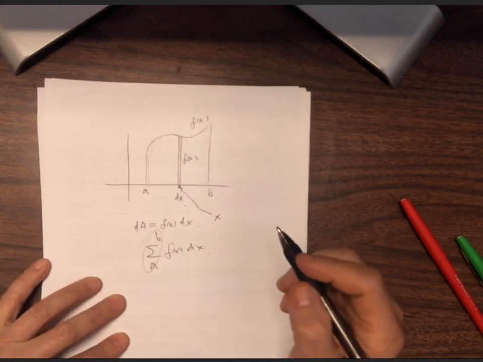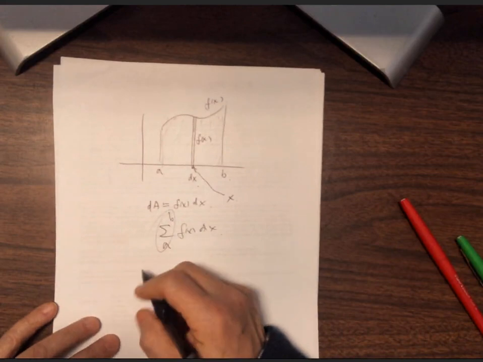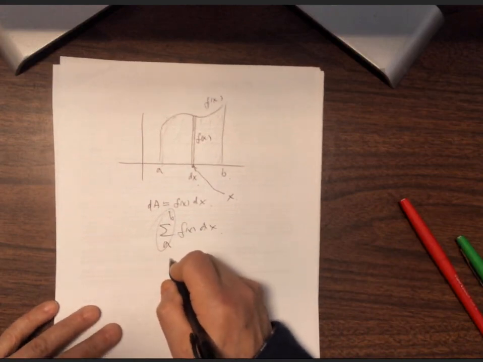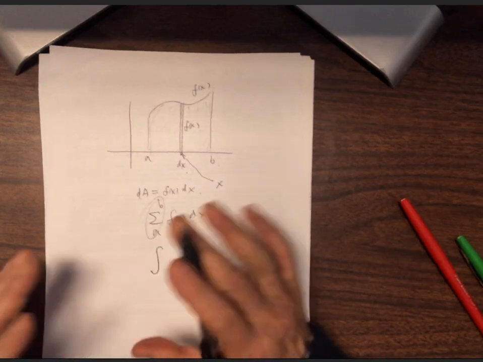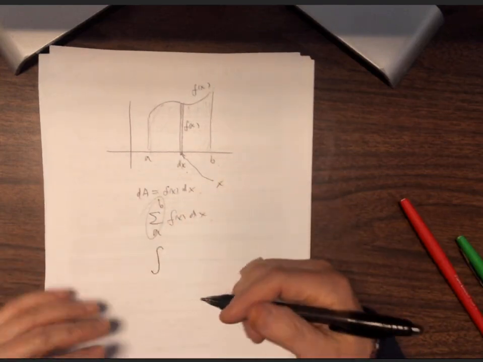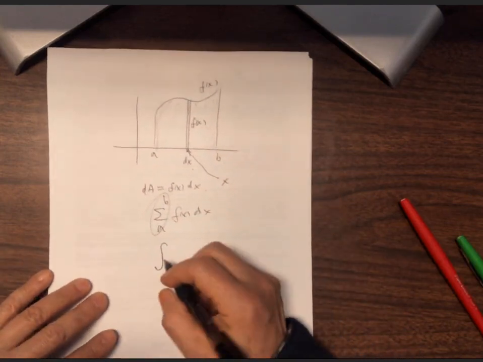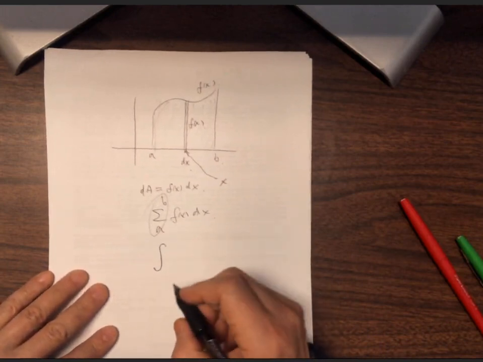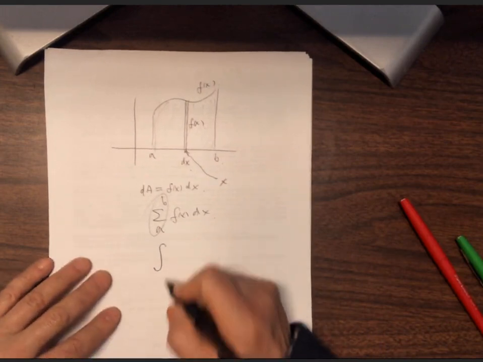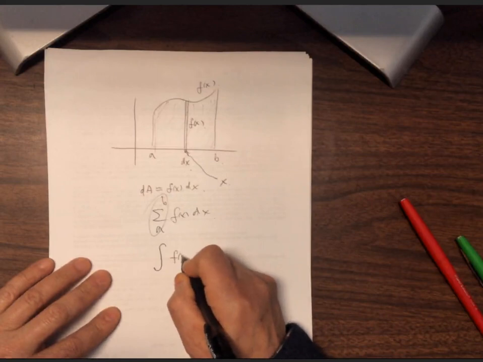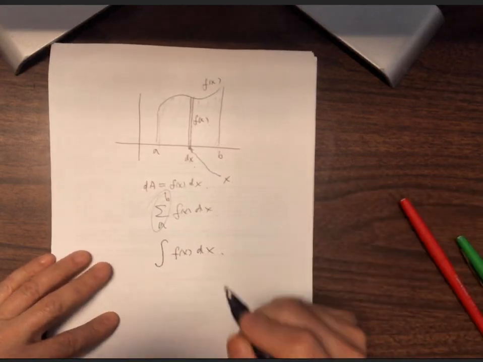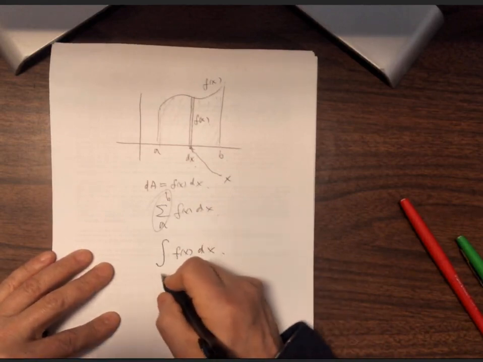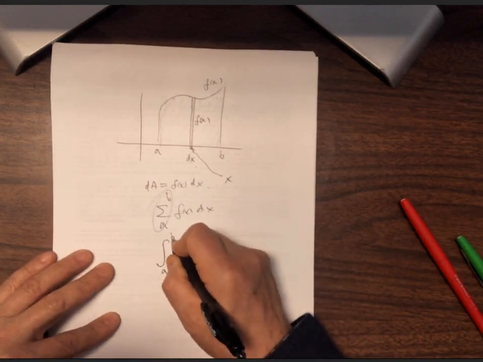Now this is a summation. We actually then use a stretched S, not a sigma. Sigma is what we use in summation notation. We try to come up with a new notation to represent the whole process. We say a to b.